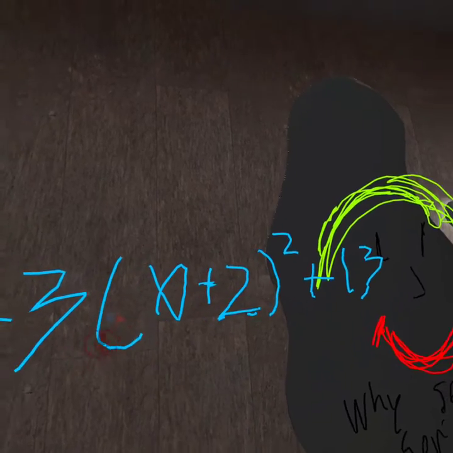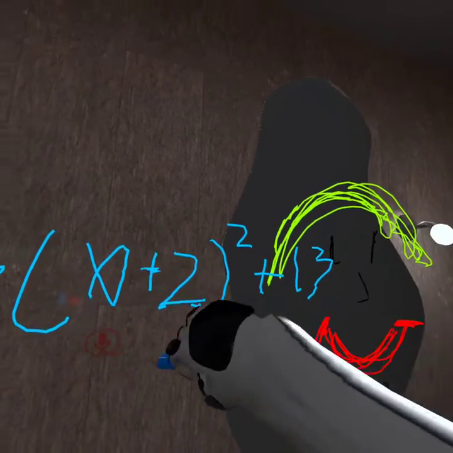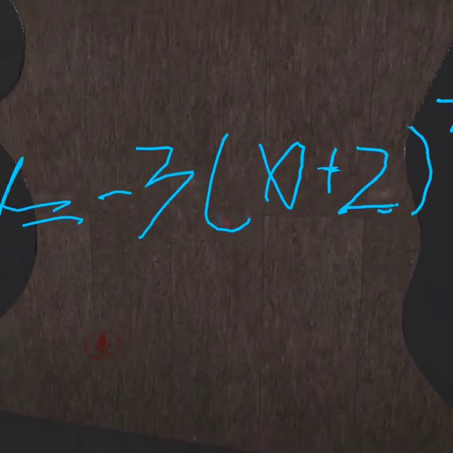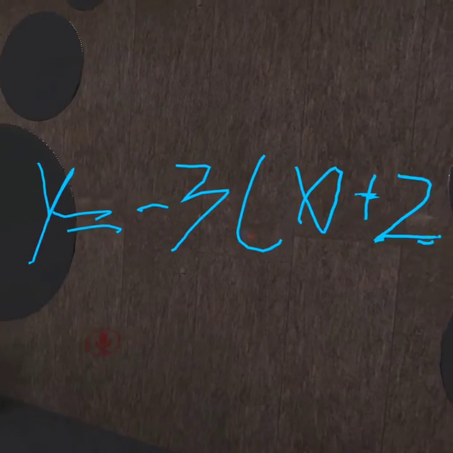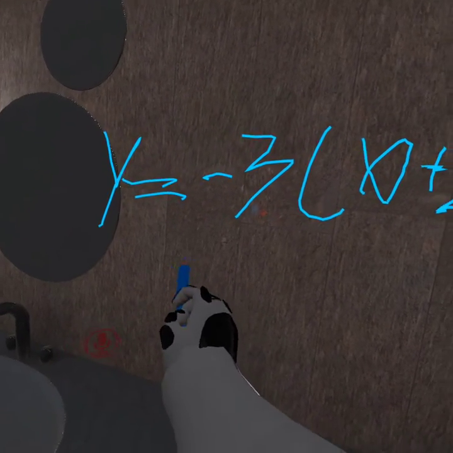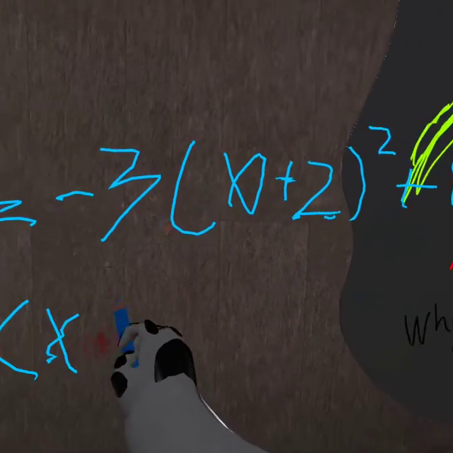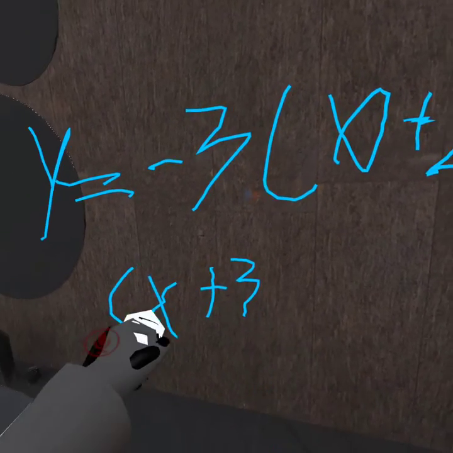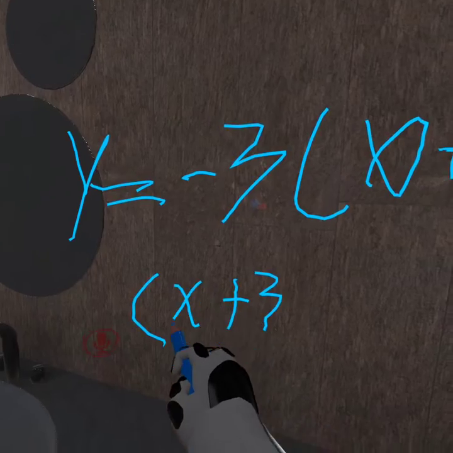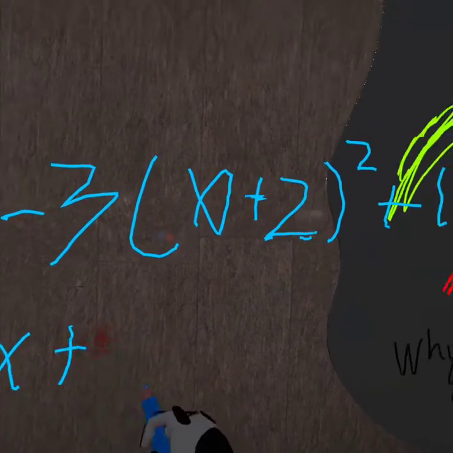Well, we take this equation and square everything in the parentheses by multiplying the parentheses by itself. How do we do that? We get x plus 2. Hold on, let me fix that x and that 2.